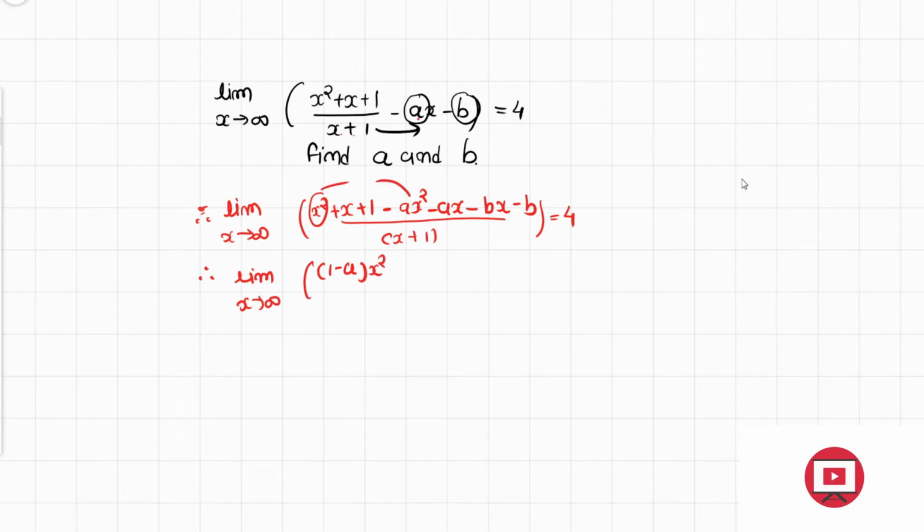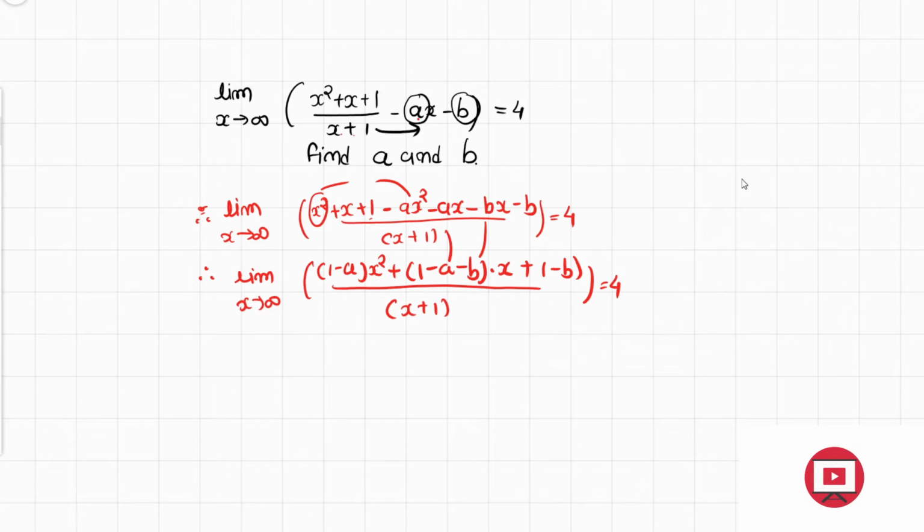There are 3 terms for x, so 1 minus a minus b into x, and there are 2 terms for constants, 1 and b, 1 minus b, divided by x plus 1 is equal to 4. So this is the simplified form of our problem.